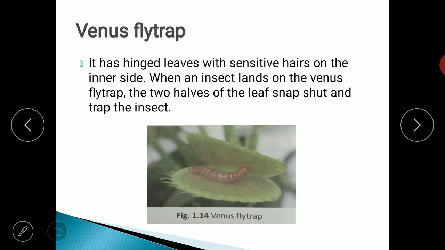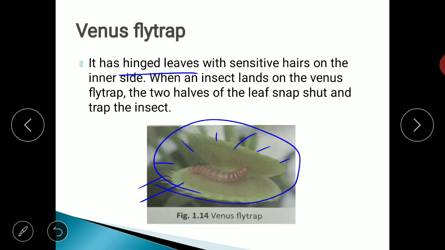This is the Venus flytrap. It has hinged leaves with sensitive hairs. You can see over here sensitive hairs on the inner side.